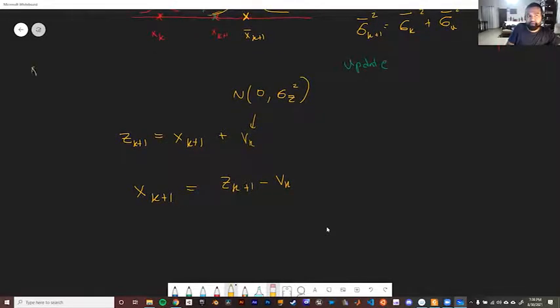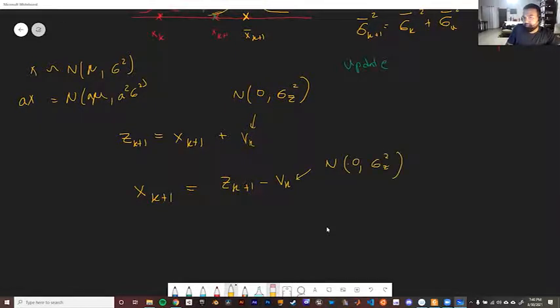Remember, if I had a distribution like this and I multiply it by a, all I get is a times mu, a squared sigma squared. So just by taking this minus, this doesn't change. It will still be normally distributed with sigma z squared, because you are multiplying the mean by -1 and the variance by -1 squared. So it will still stay the same.